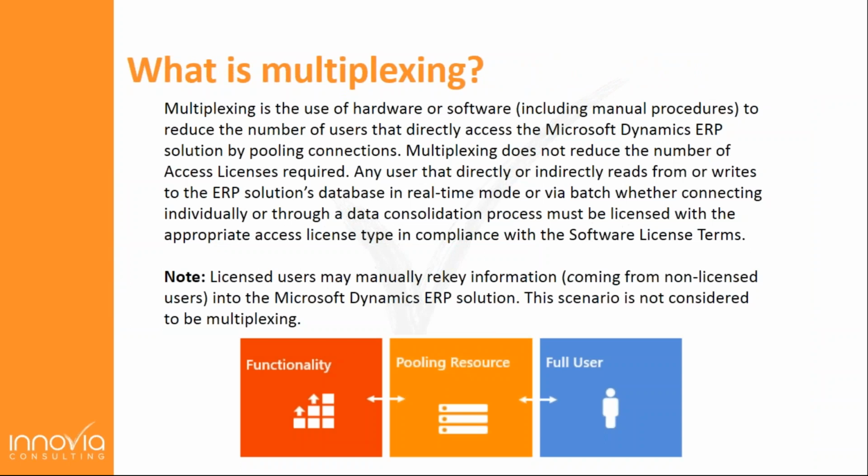Essentially, what you're doing is pooling connections and trying to fool the system by using one full user, or maybe more than one in a pool, to allow access to multiple people. Now, unfortunately, that does not reduce the number of access licenses required.